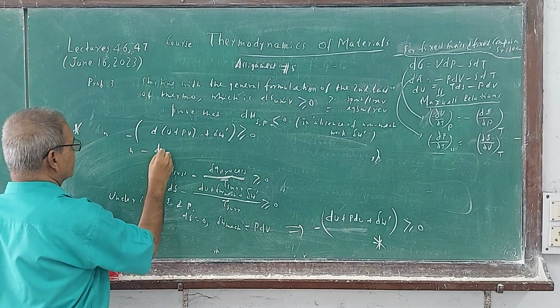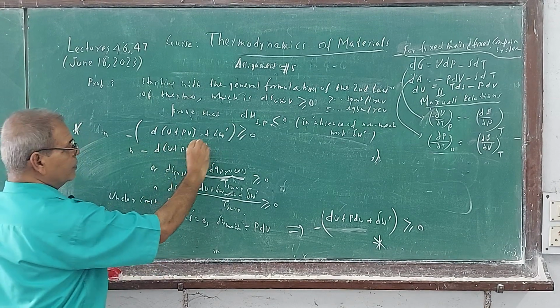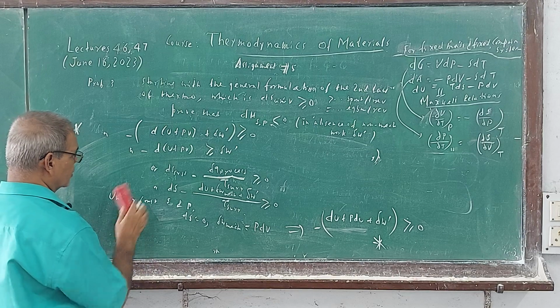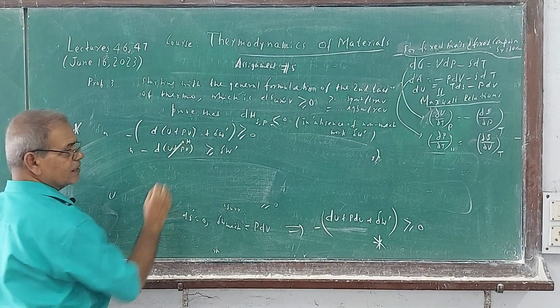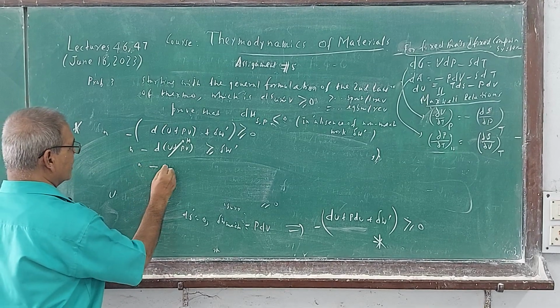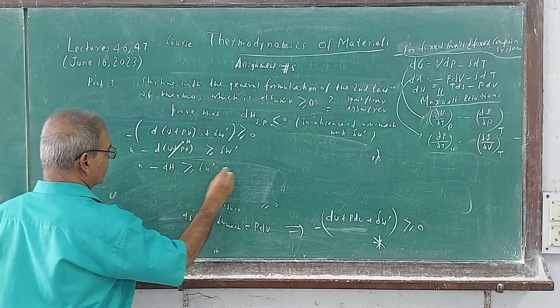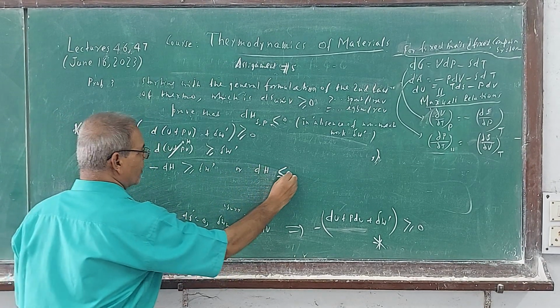Or minus dU plus PV, this is minus; dW goes to the other side, dW prime. This is known as H. Or minus dH is greater than or equal to dW prime, or dH is less than or equal to minus dW prime.